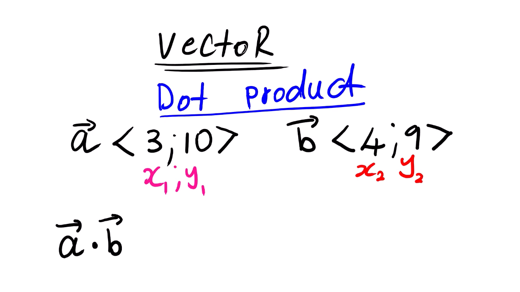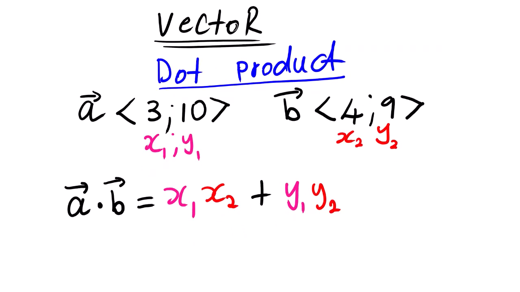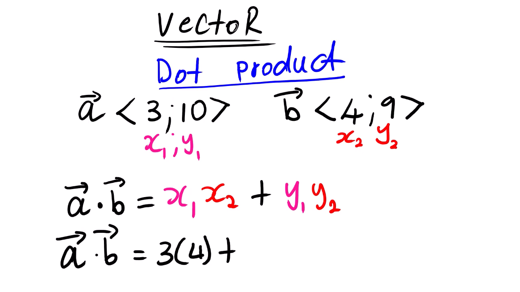Now, what is the dot product of A and B? It's actually simple. The dot product of the two will be x1 multiplied by x2 plus y1 multiplied by y2. That is the equation. Now looking at this one, we are going to have 3 multiplied by 4 plus 10 multiplied by 9.